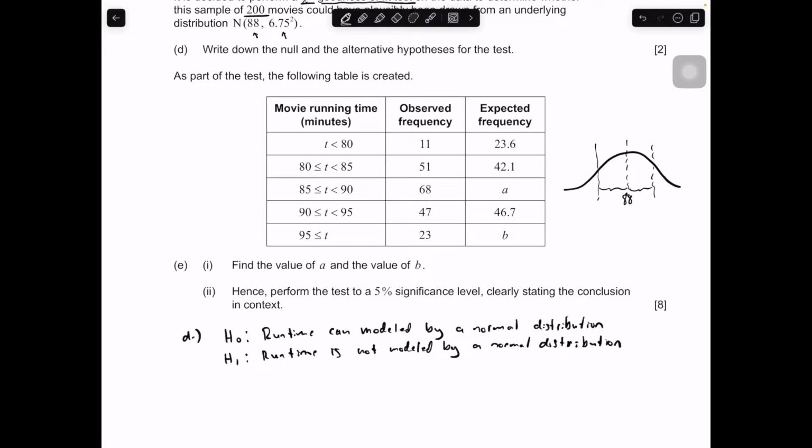All right, so that would be our null and alternative hypothesis.